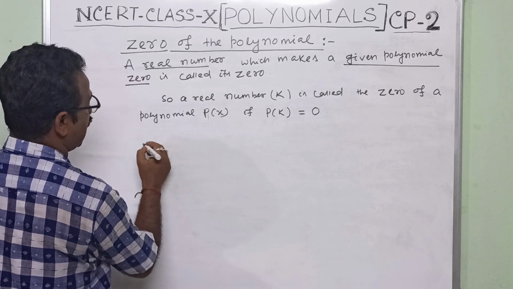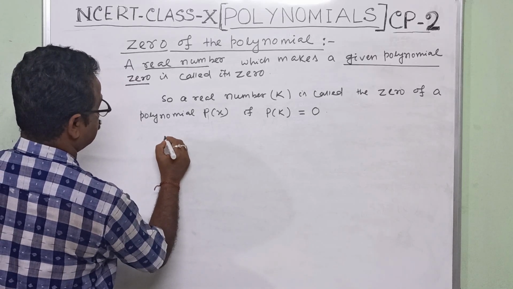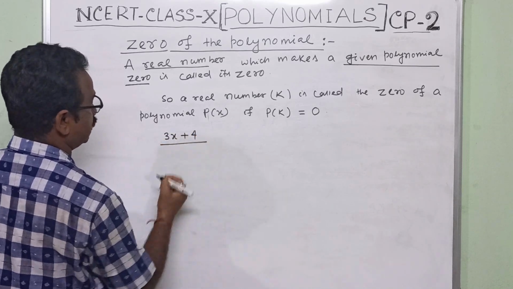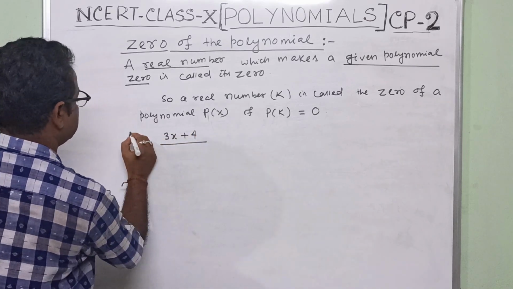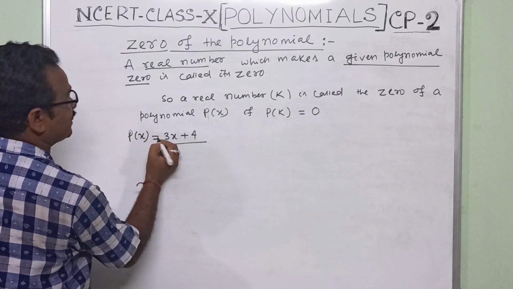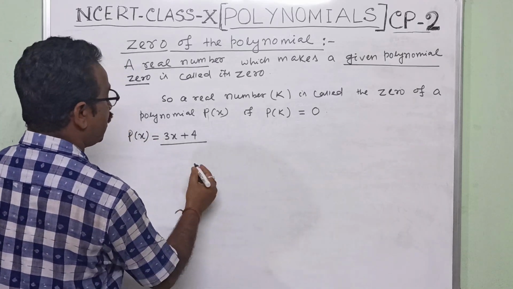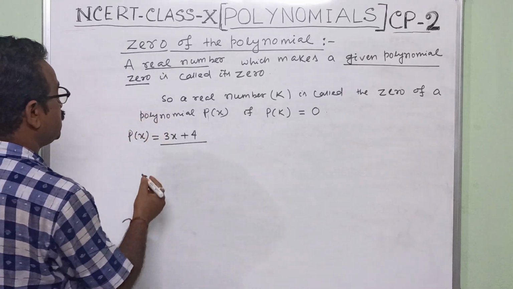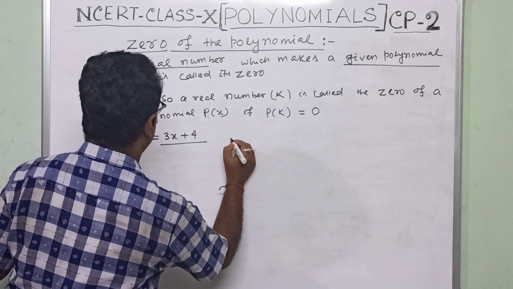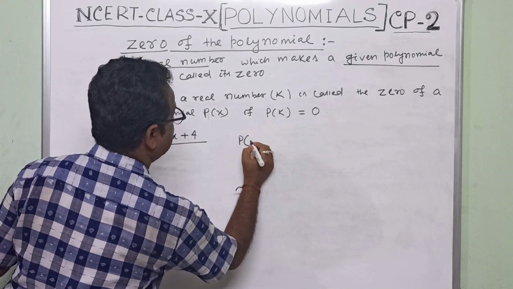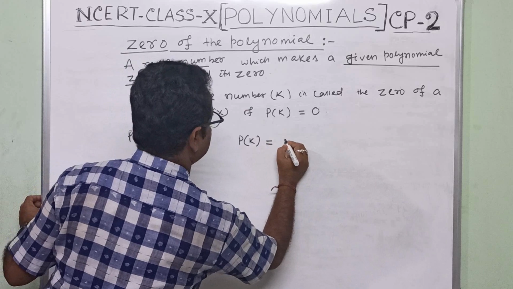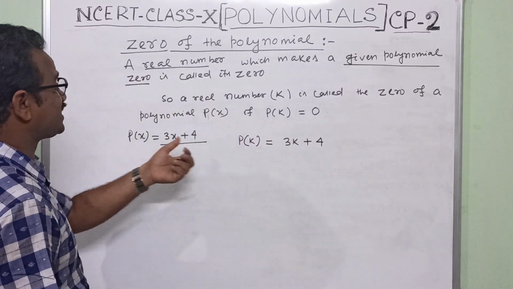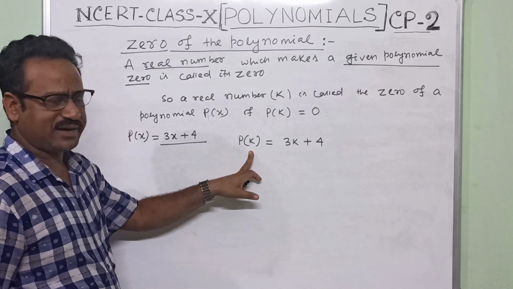Suppose given 3x + 4. Take one example. p(x) = 3x + 4. Now I can write how to find the zero. p(k) = 3k + 4, substituting x by k.